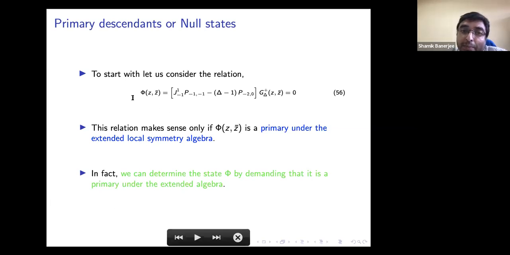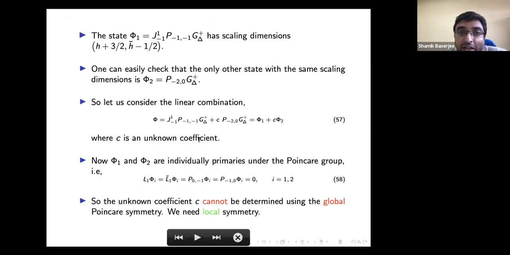In fact, we can get this phi just by demanding that it's a primary under the extended local symmetry algebra. So we can start with a phi which has this form, say J1 minus 1 P minus 1 minus 1 G plus delta plus some C.